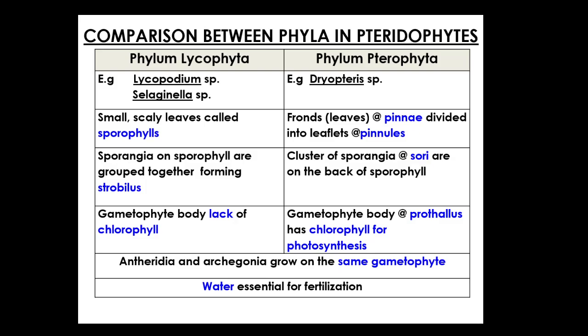And some scientists have even started to ignore group Pteridophytes and just study these two phylum differently. But for your syllabus, we are studying them together because we are basing it on morphology. Okay, so that is pretty much it for this part of the chapter.